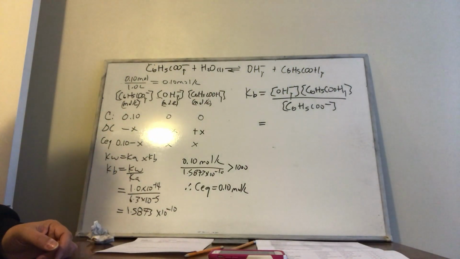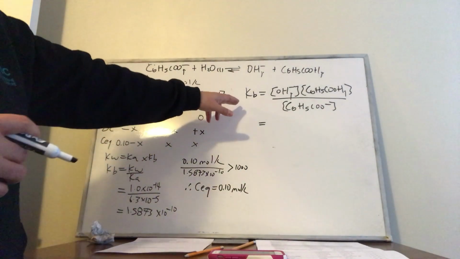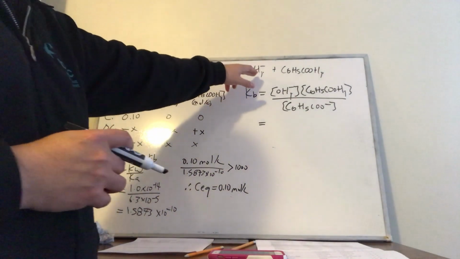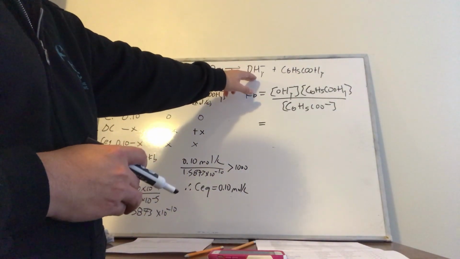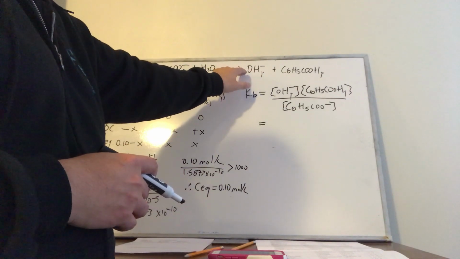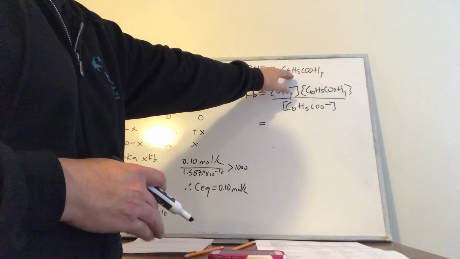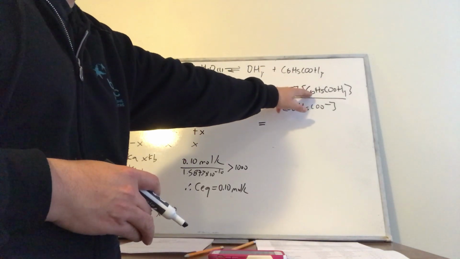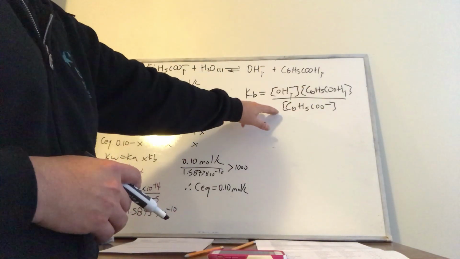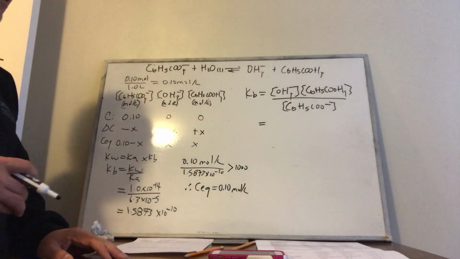Okay, so I went ahead and made myself a Kb expression. So it's products over reactants. So it's a concentration of hydroxide raised to its coefficient of its exponent, which is 1, times the concentration of the benzoic acid, which is the conjugate acid for a benzoate, over the concentration of the benzoate ion.